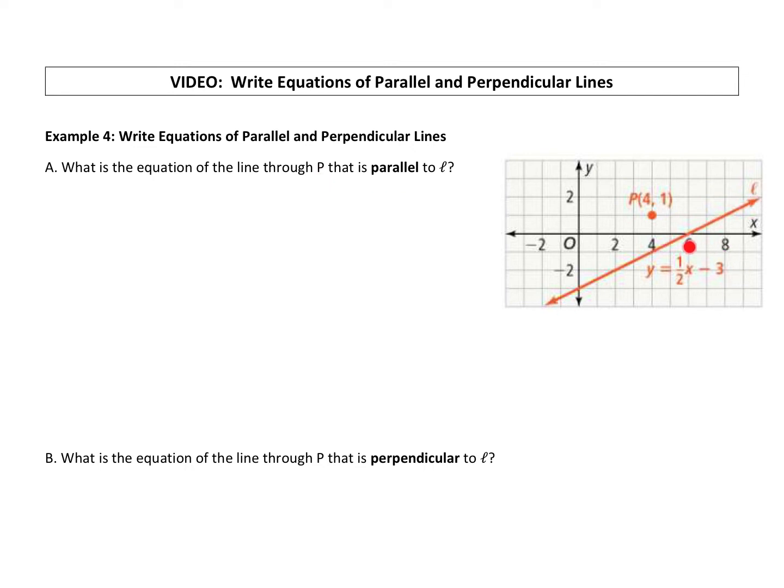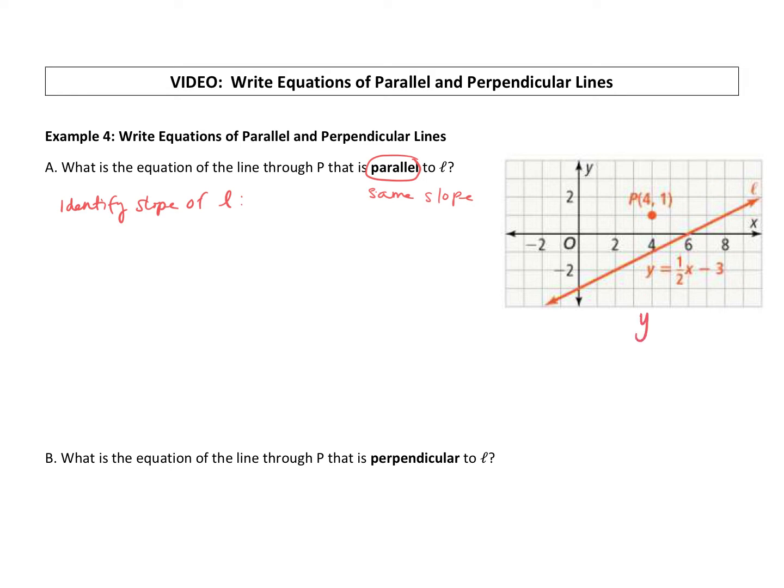They gave us the equation of line L right here, y equals 1/2 x minus 3. What we want to remember is that parallel lines will have the same slope. So the first thing we're going to do is identify the slope of line L. This equation is in slope-intercept form.